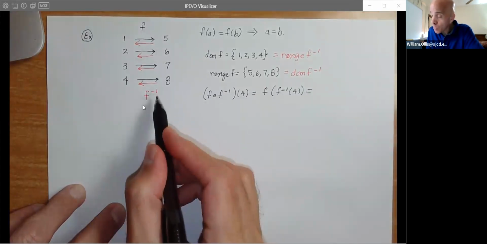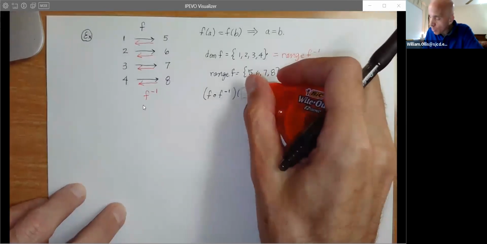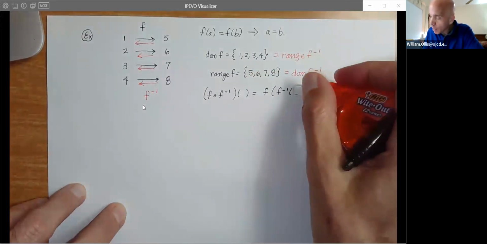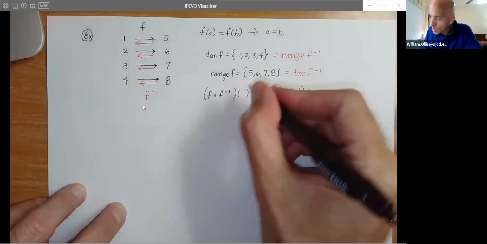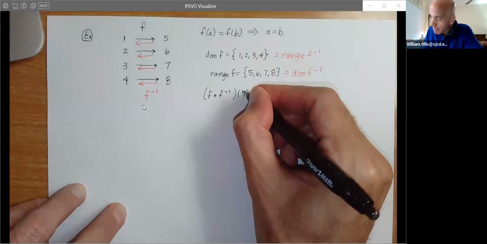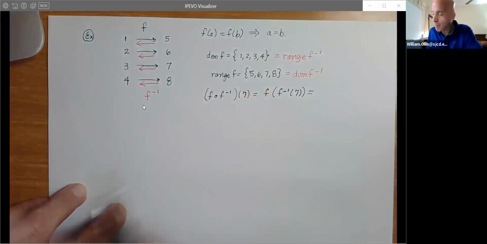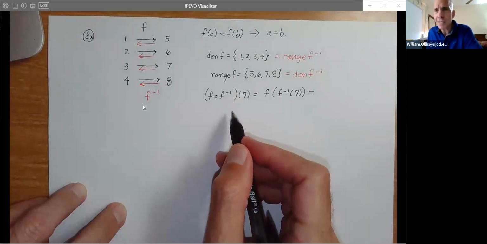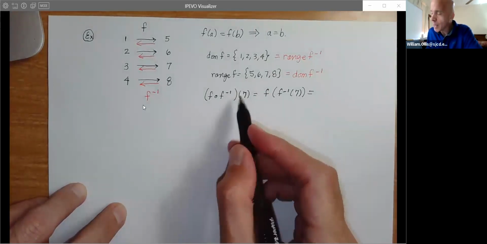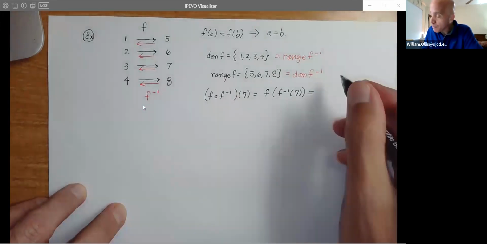Well, f inverse, and oh, sorry, I better actually pick an element that's in the domain of f inverse. So let me choose 7. Yeah, that would be correct. Math is self-correcting. I mean, this wasn't even defined. That'd be a terrible question on a test. That'd be a trick. Okay, so now f inverse of 7 equals 3.